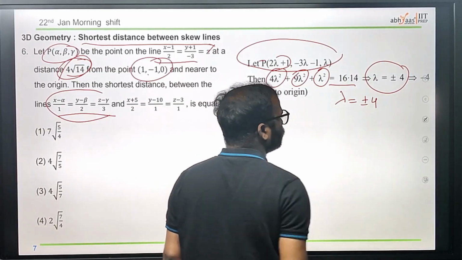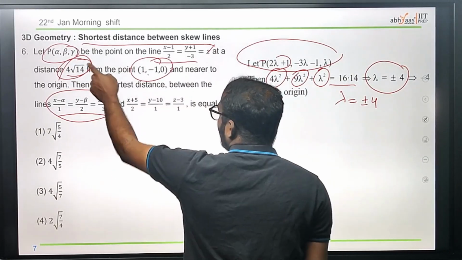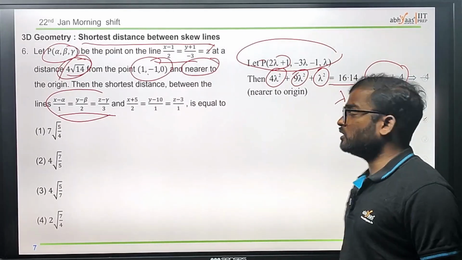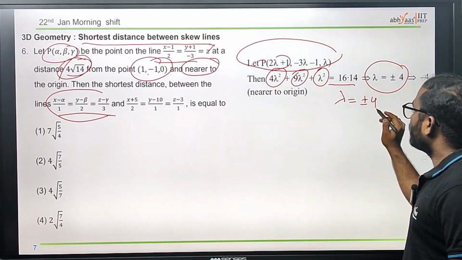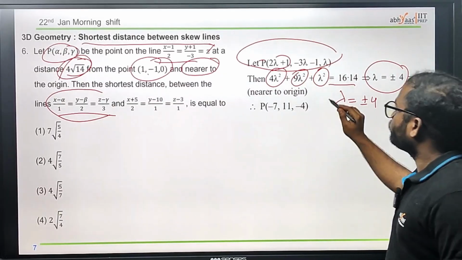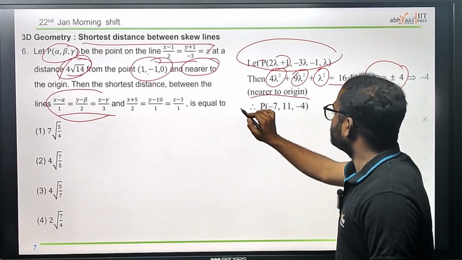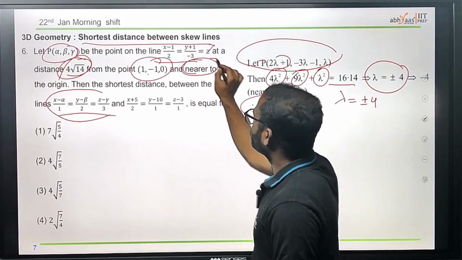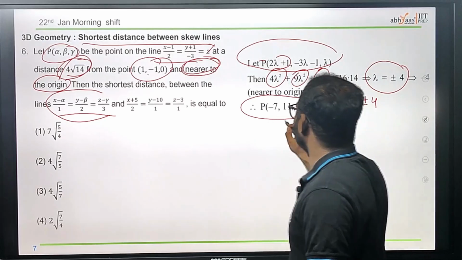Now, in order to find alpha, beta and gamma, we need to check which is near to the origin. If we substitute plus or minus 4 in this, we will get 2 points, and one will be nearer to the origin. That's why we choose this one.